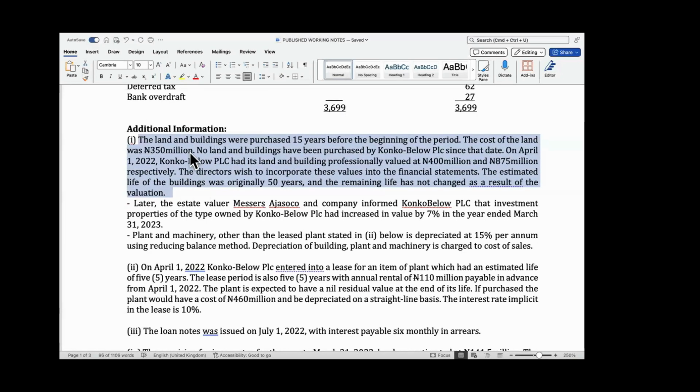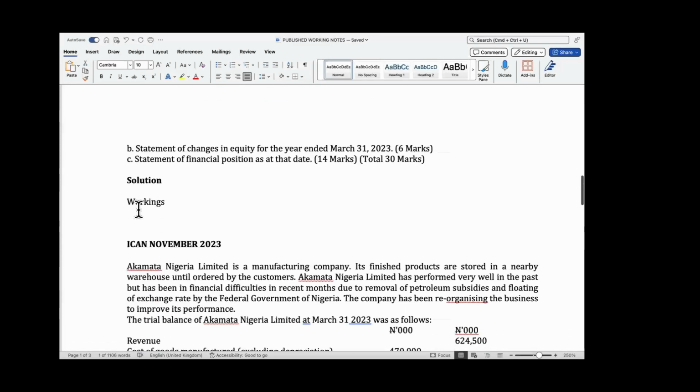When I read this, I was able to identify that what happened here was there was a revaluation of this land and building. So let me sort out that revaluation surplus or deficit first. So workings one, this is dealing with land and building.